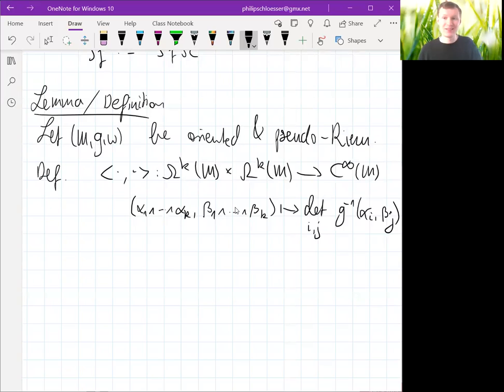Well, again, in GR, there's a much easier notation for this, because g induces an inner product on vector fields, but then it also identifies vector fields with one forms, and then you can also induce an inner product on one forms.